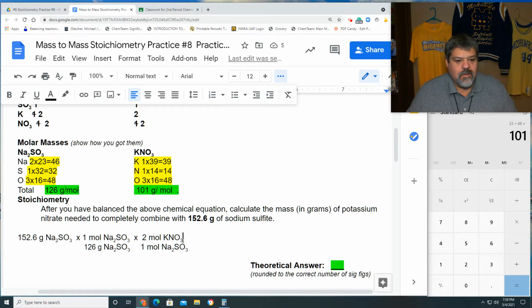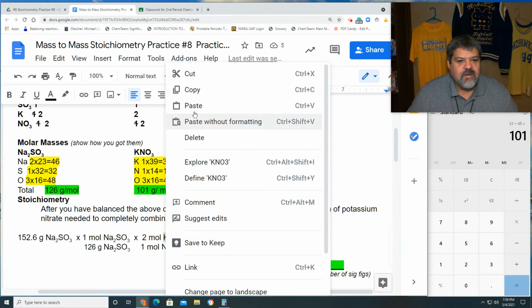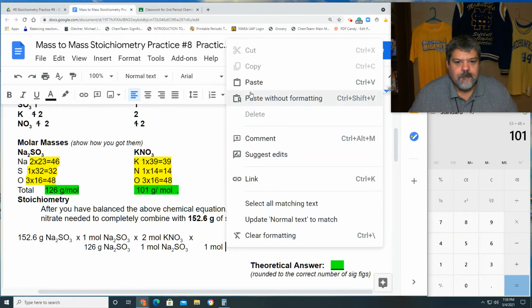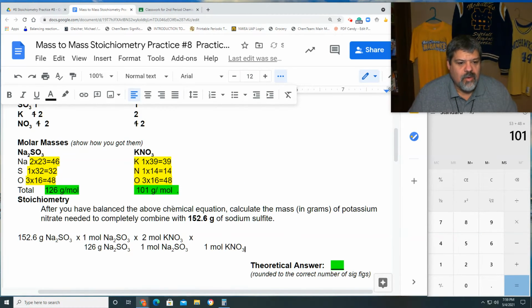Okay, so now we're going to go ahead and put our last ones in. So I know that I'm going to have KNO3. So we're just going to copy that. So again, I got to put moles on bottom. I have moles on top up here. So we're going to put 1 mole of KNO3 over here. And 1 mole of KNO3 equals 101 grams.